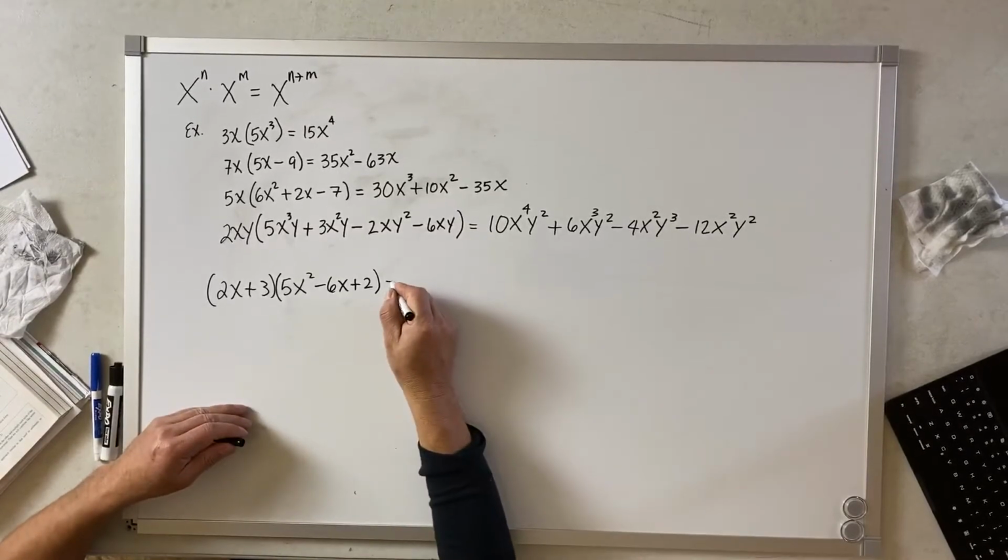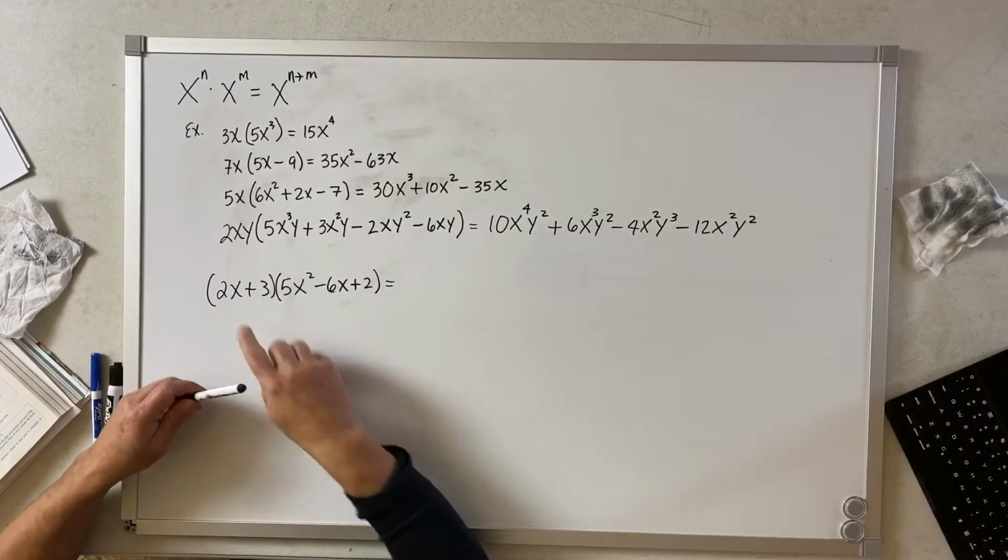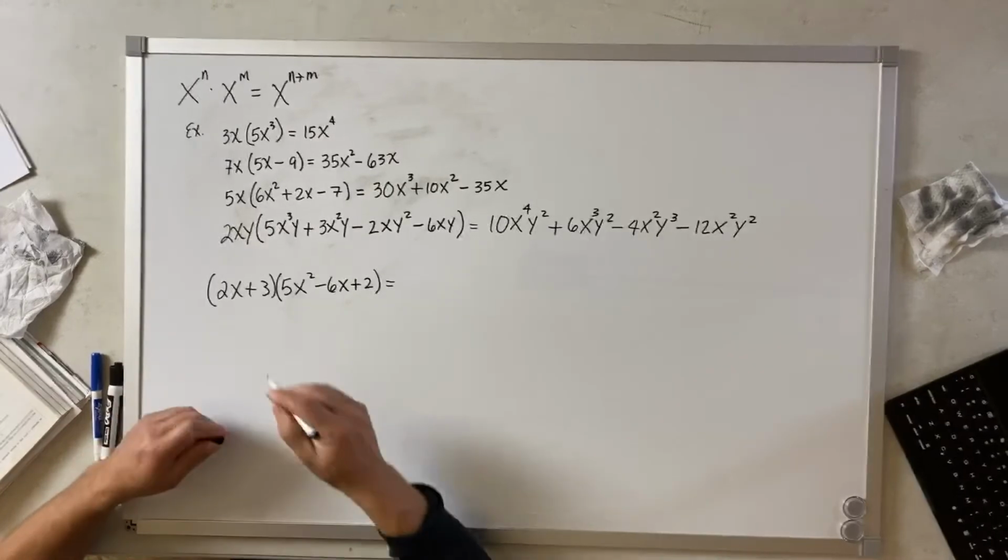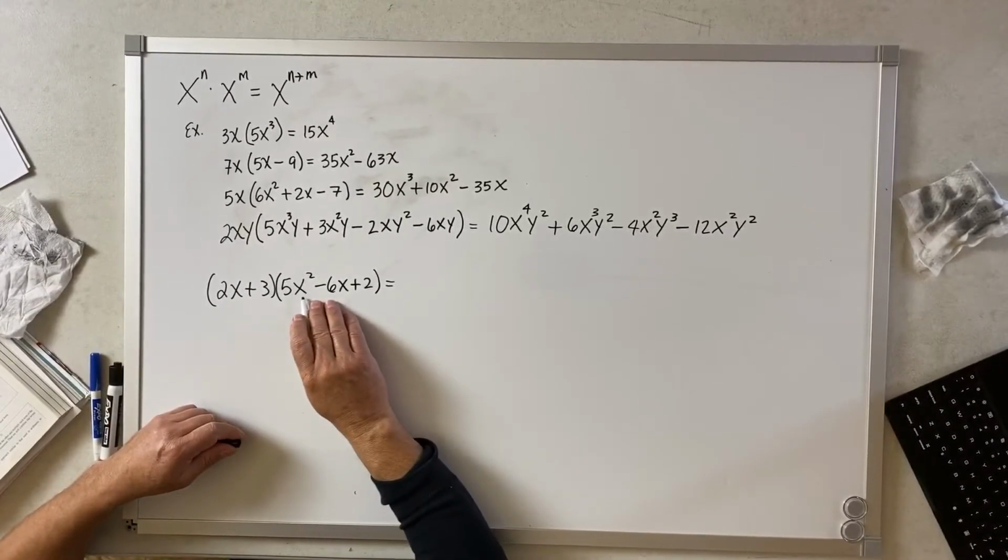There's one way to do it. We can do it like this. Multiply 2x times everybody.